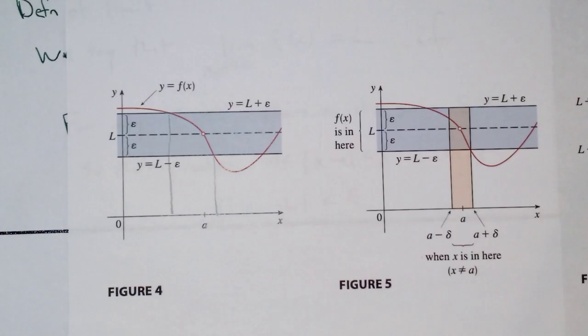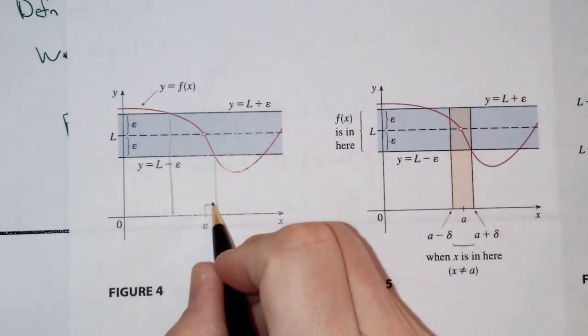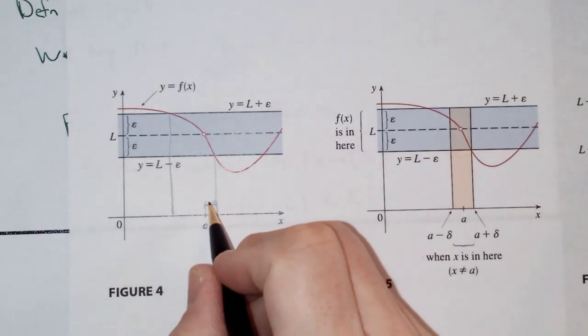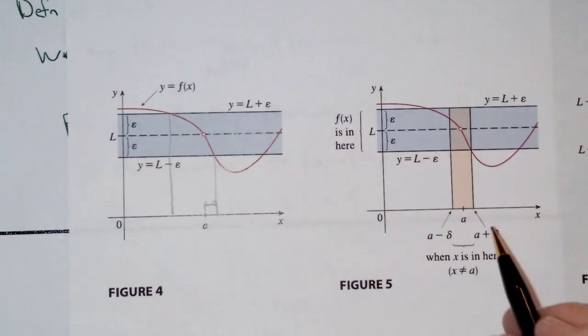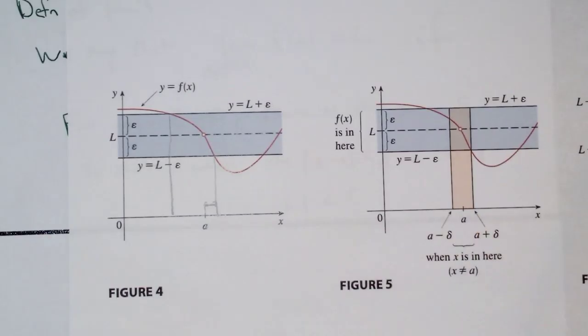However far I moved until I hit the closest one, that value is delta. And so over there in the right picture, we have a plus delta and a minus delta, and I can guarantee you, you're going to be inside the blue stripe if your x values are inside that little yellow vertical area.